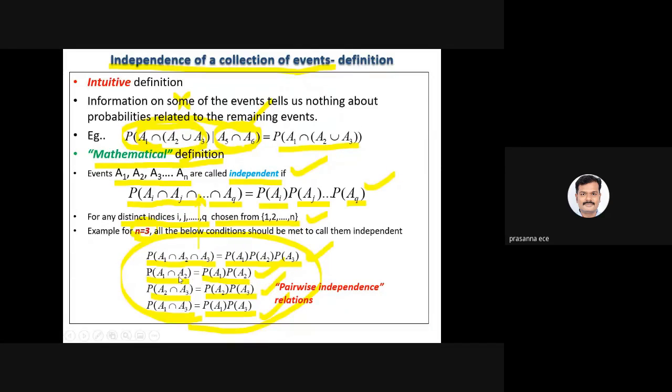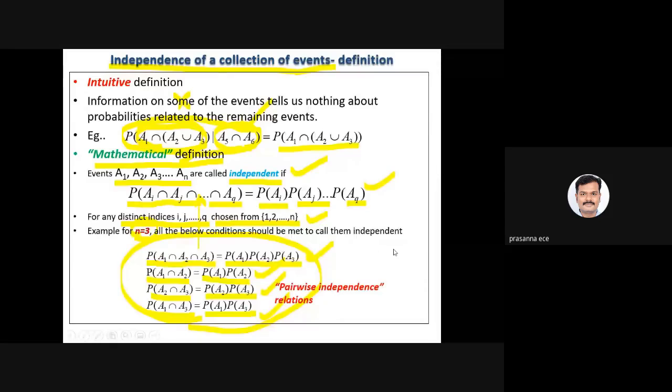Since we are considering only two events at a time, we call them pairwise independence relations. To have independence in a collection of events, we should have the total independence given by the first equation, and also pairwise independence, which is shown by the last 3 relations.